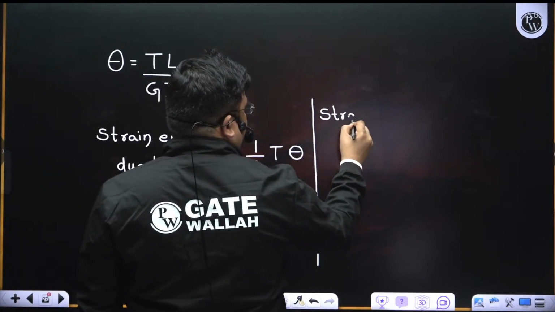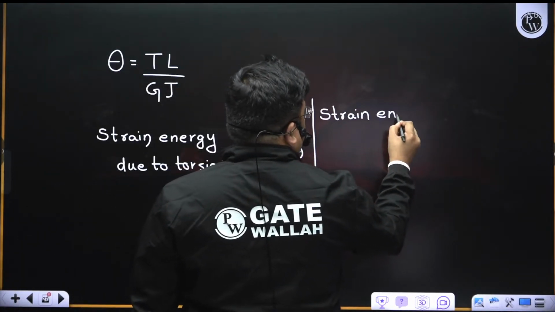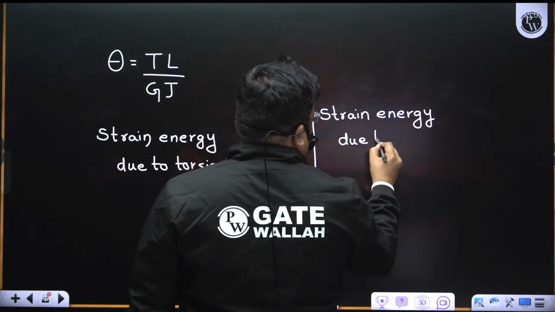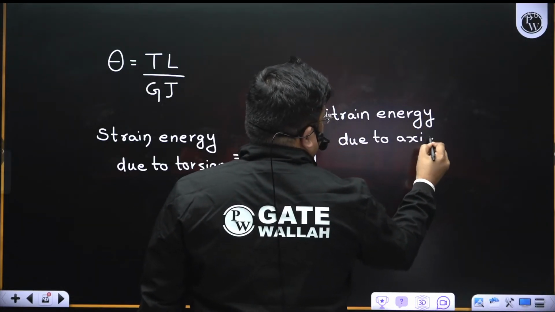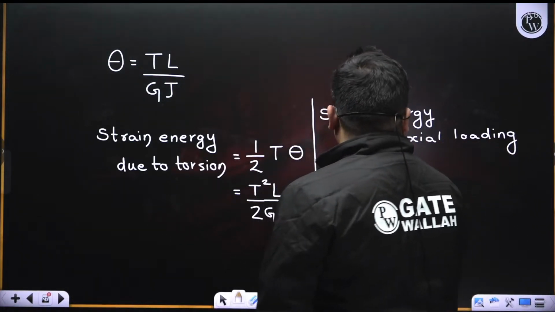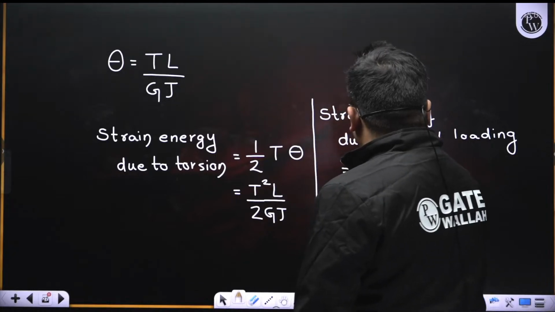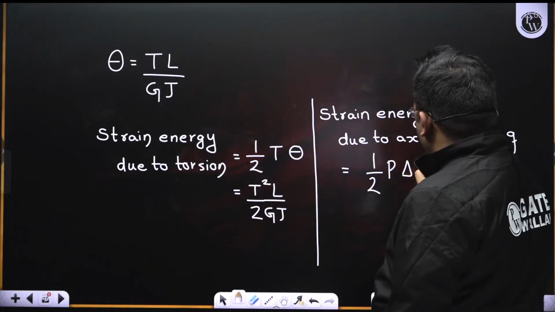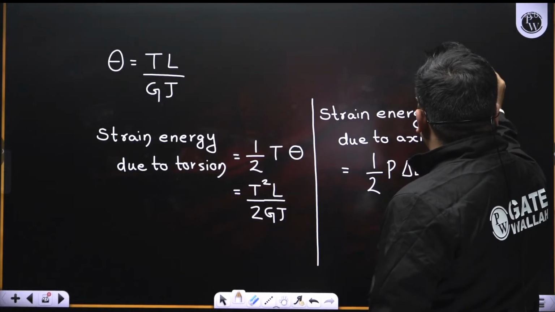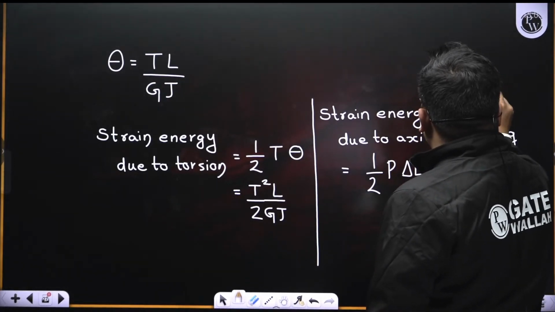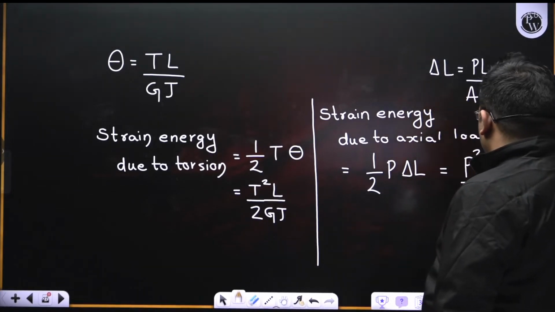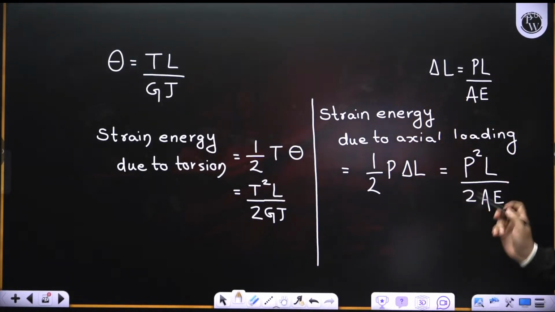We just saw at the starting of the class that strain energy due to axial loading was half load into axial deformation, and axial deformation was PL by AE, right? And then for the formula we are getting P square L by 2AE. So it's very similar to that. You can remember the formula.